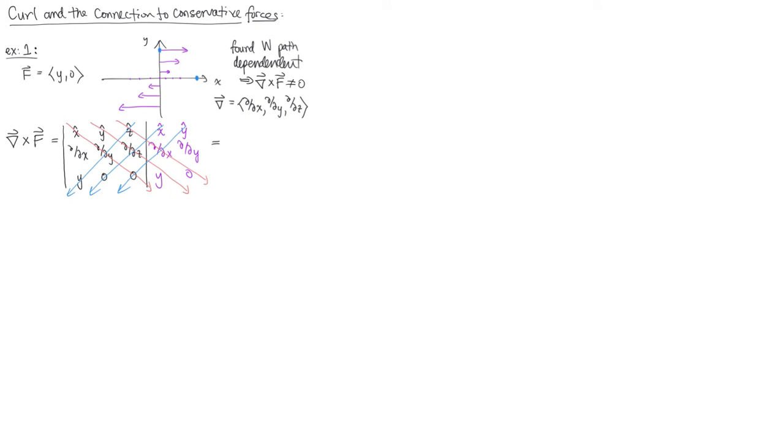So looking at the positive quantities, I have d/dy of 0 in the x-hat direction, so that's 0, plus d/dz of y in the y-hat direction, and that's also 0, because the derivative of y with respect to z is 0. And then in the third, I have d/dx of 0 in the z-hat direction, so that gives me 0 again.